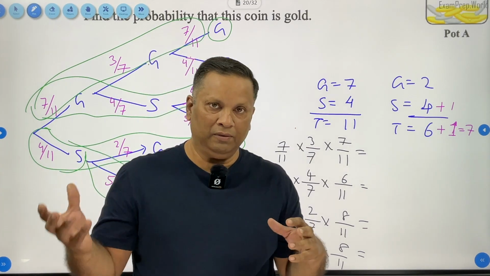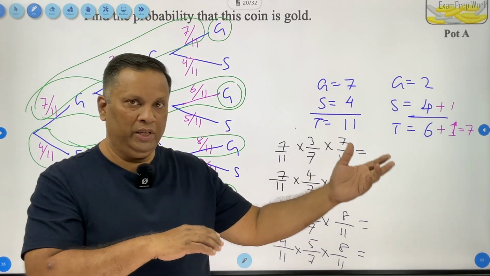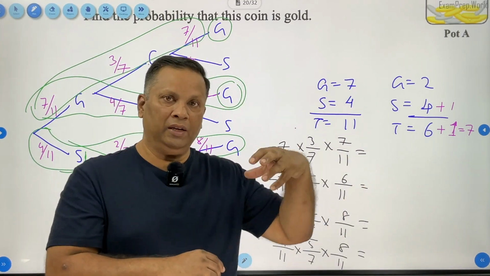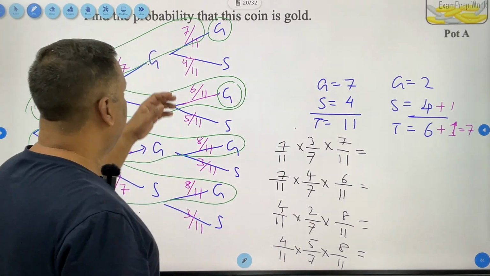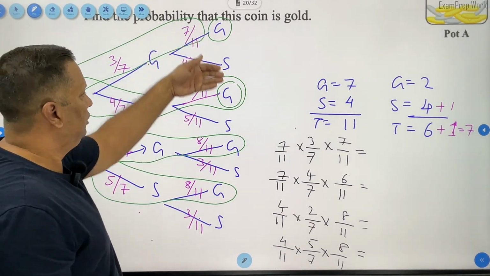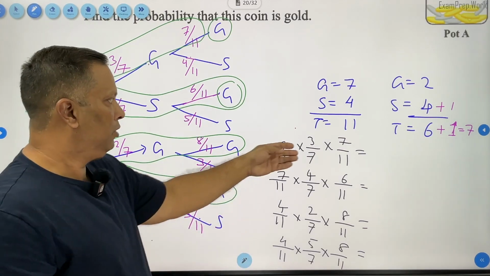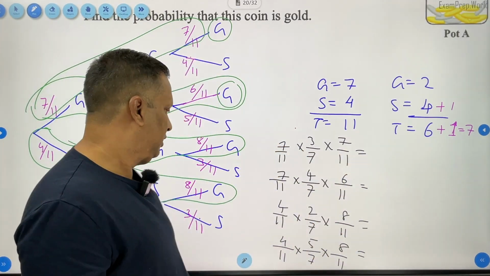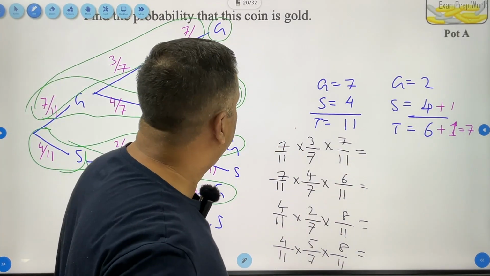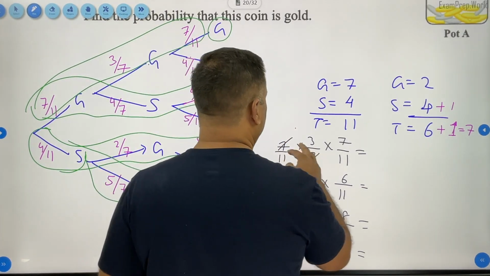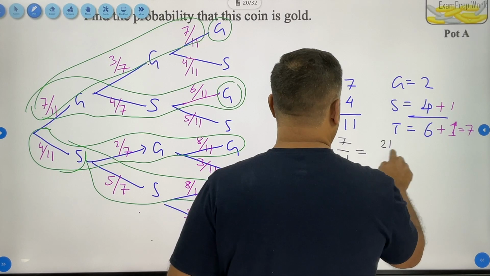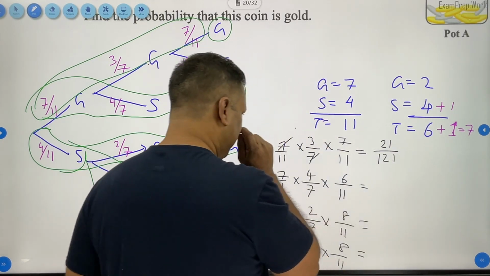So you picked one from A, you sent it to B, then you are picking some from B, and then third time you are picking from A. So probabilities of gold, in 4 ways you can get the final gold, 1, 2, 3 and 4. We have written all the probabilities. Now let's calculate this. We'll cut this 7, 7, 21 by 121.